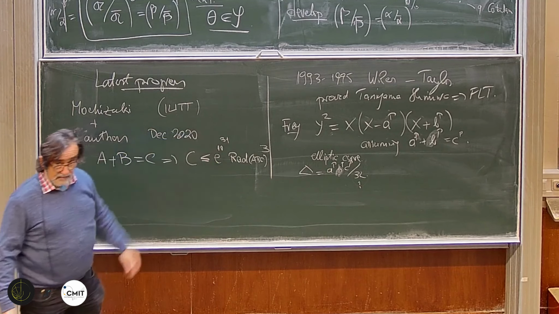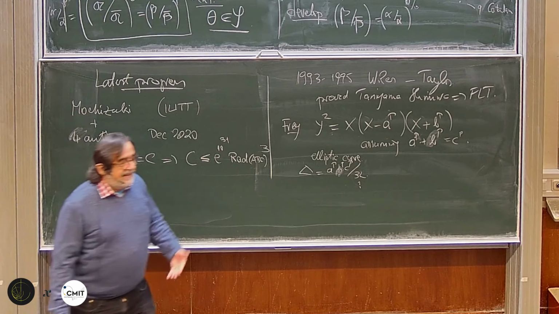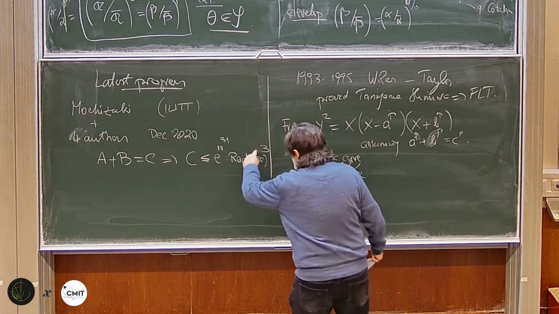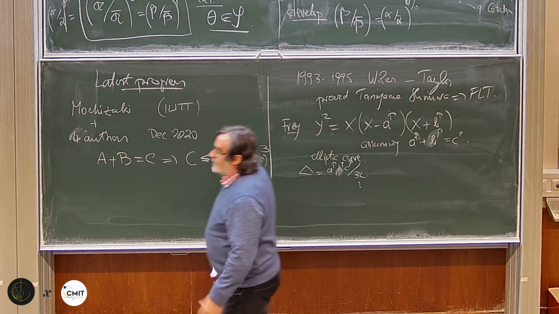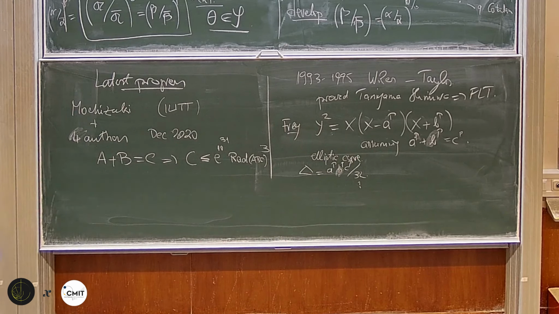It's a very large constant. It would be a wonder indeed if you could immediately, and you also have an exponent 3 here, so it's not so simple, but it is an effective ABC conjecture.